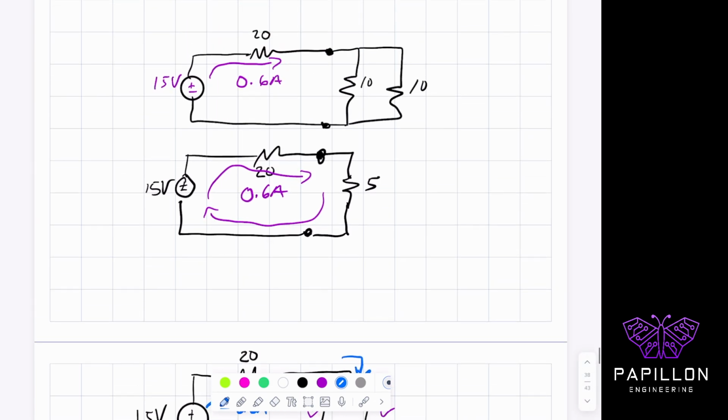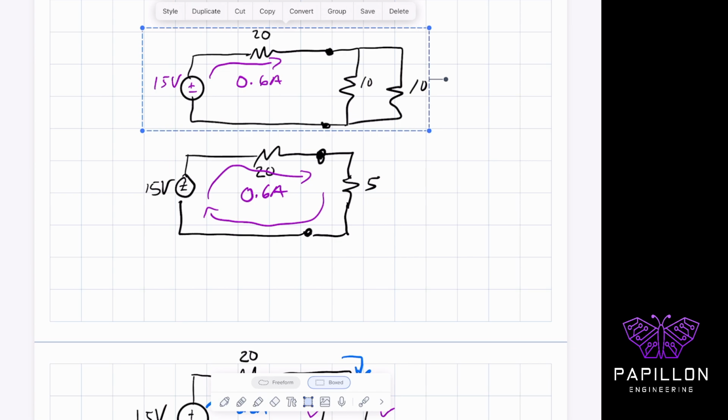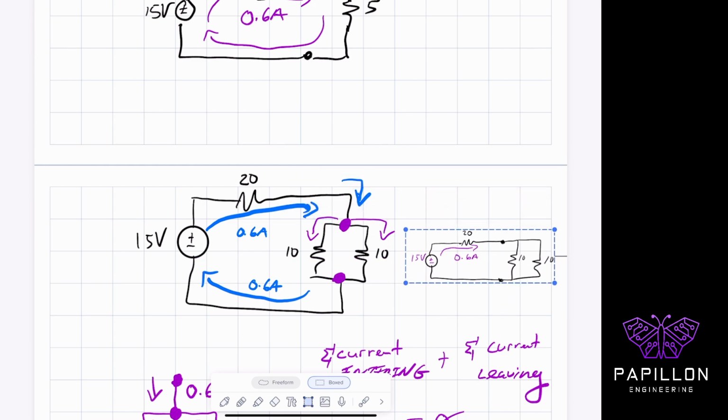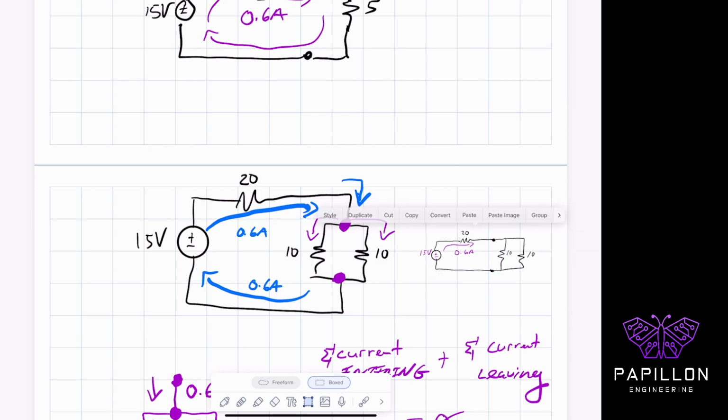So let's look at this. What I did is I moved these pictures a little bit closer to each other. I redrew this picture over here. Let me shrink it down so you can see it. So these two circuits are equivalent to each other, right? I like the one on the left way more because it shows this split. So what split does it show?